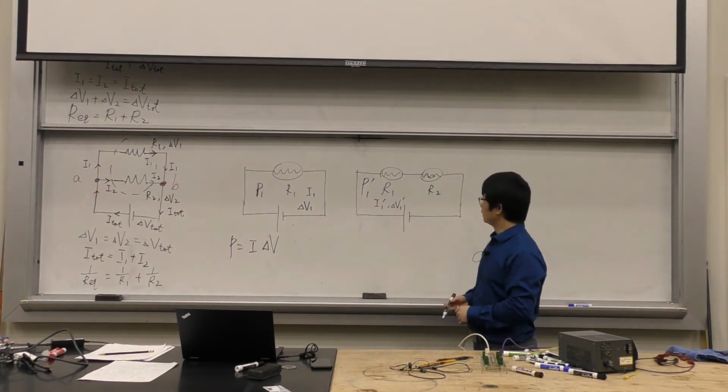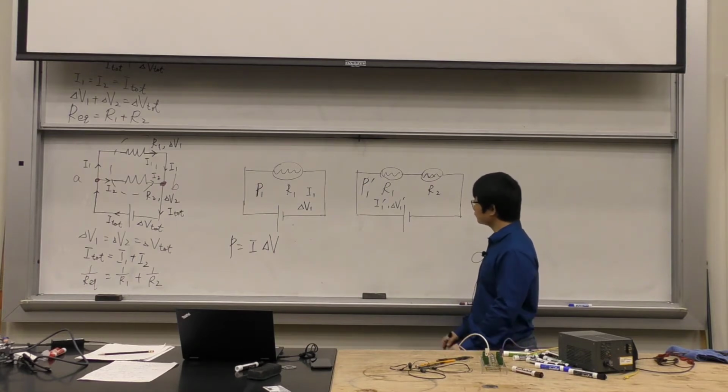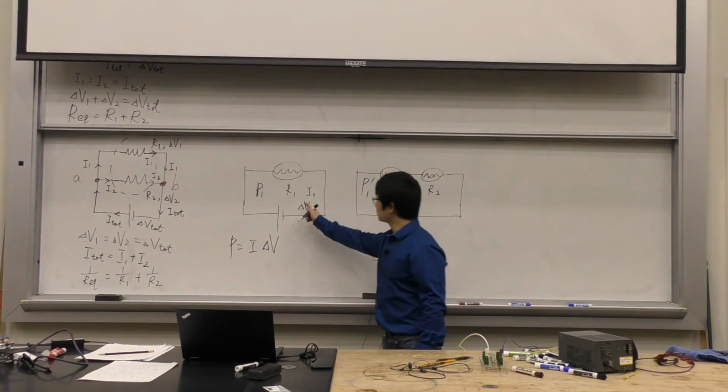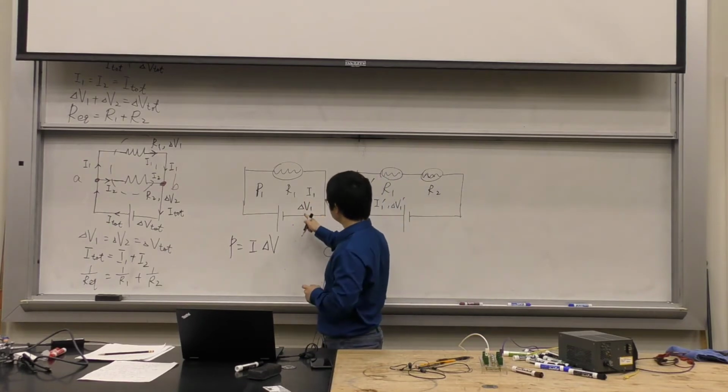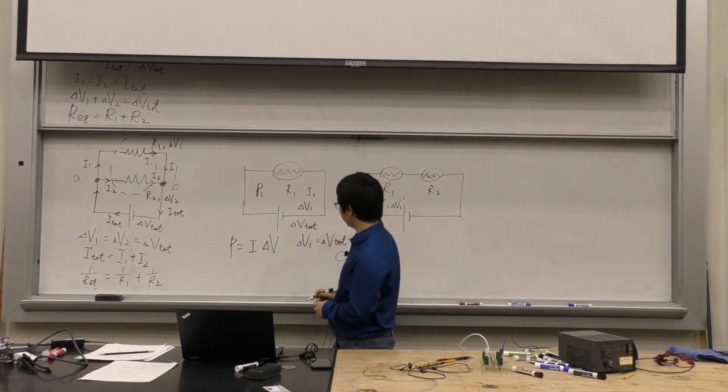Now let's see. Then you're gonna use the theory for the series circuit, okay? In this case, V1 is definitely just gonna be V total, right? So V1 equals V total in this case. Now, what about I1?